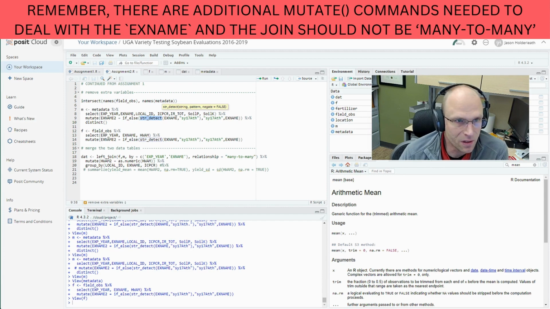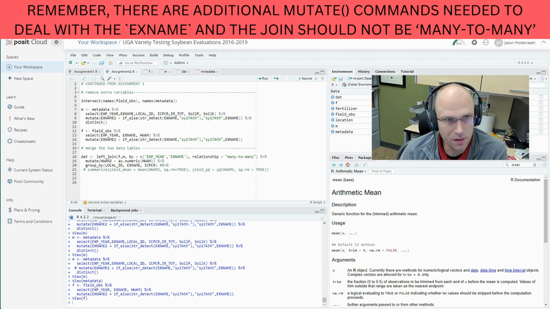So then we're going to have it look in the experiment name, and we're going to tell it to find SY17ATH. So it's going to match that. Now, it doesn't matter that there's stuff beyond that. Well, we could definitely write it so that, but all we care about is matching that beginning.